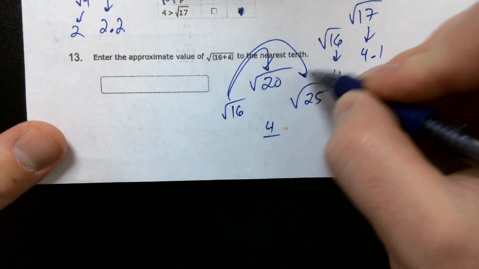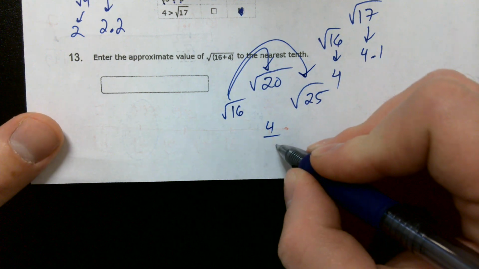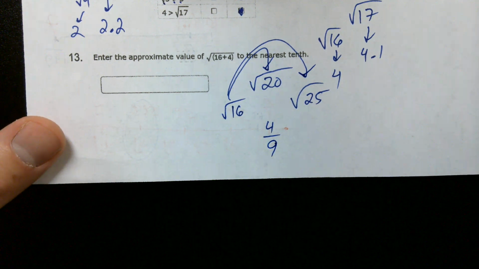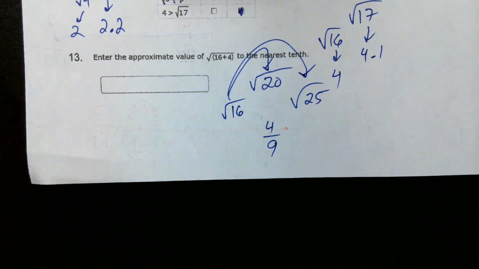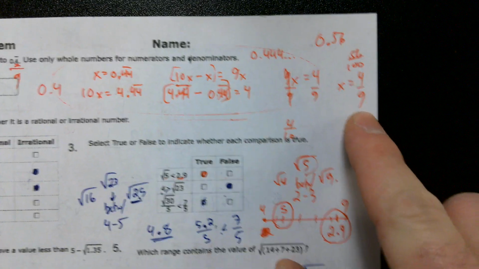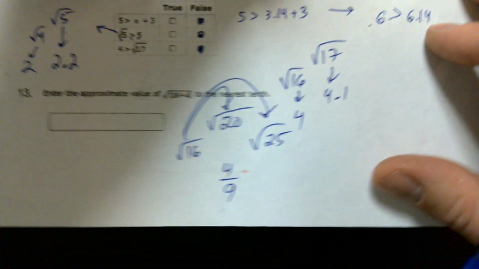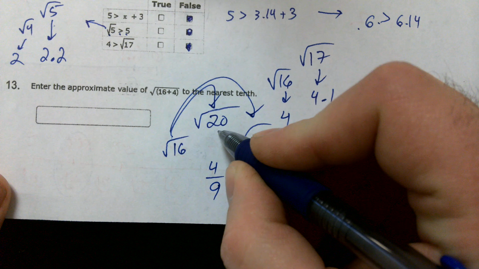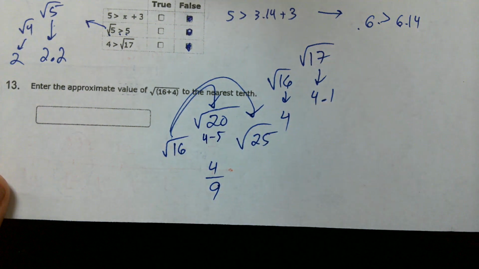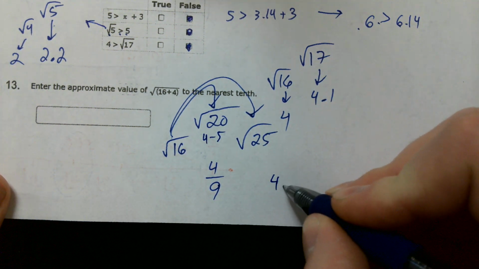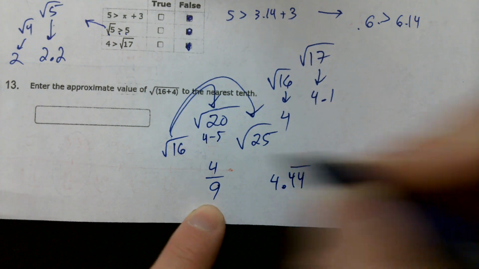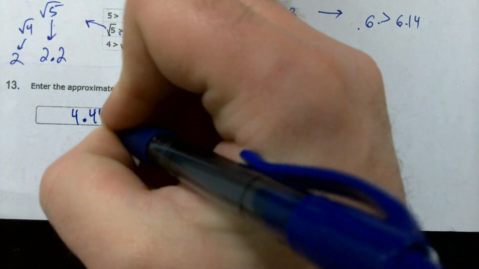How far away from 16 is 25? 9. 4 divided by 9. Where have I seen 4 divided by 9 before? The very first problem. I know that 4 divided by 9 is 0.4444444. So the square root of 20, if it's in between 4 and 5, it's 4.444444.